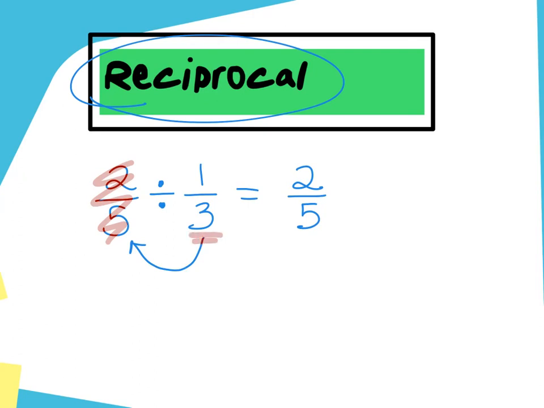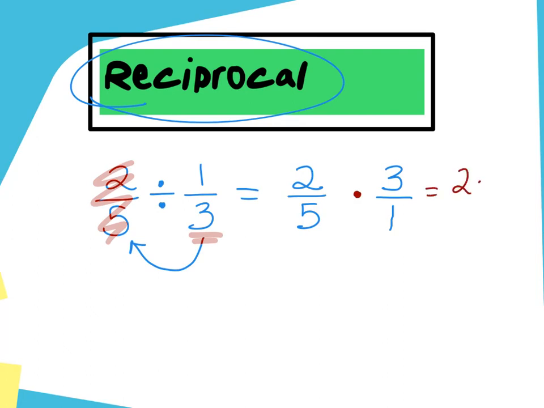In this case, 1/3 would have a reciprocal of 3/1, basically turning that fraction upside down. Then I replace my division sign with a multiplication sign. Notice I did not do anything with the first fraction. From here, I treat this exactly like I would a multiplication problem.